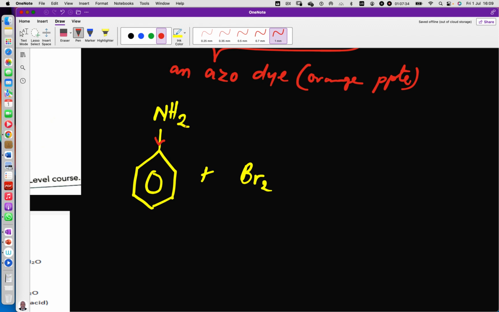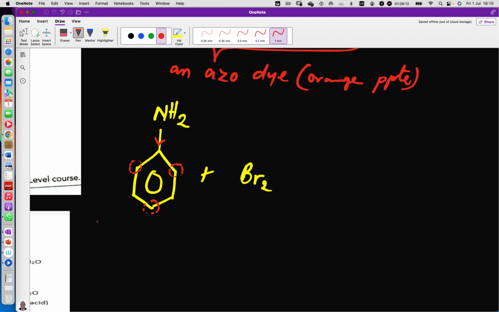So these groups, the amine group, the OH group, or the alkyl group, are 2, 4, 6 directing. Why do I say they are 2, 4, 6 directing? They donate electrons into the ring, specifically to the 2 position, to this position here, and to this position here.